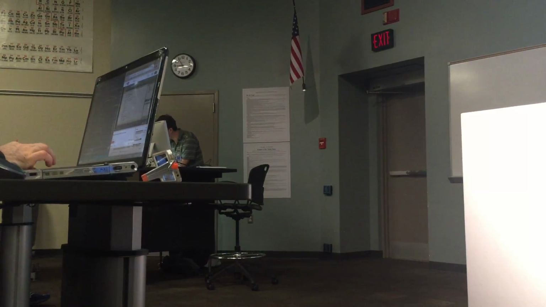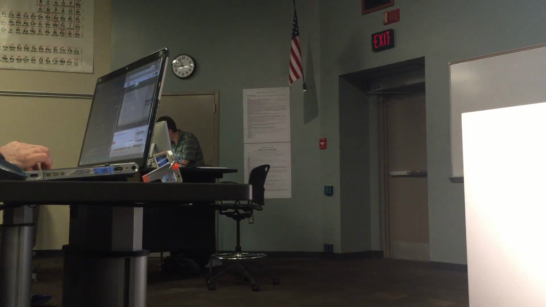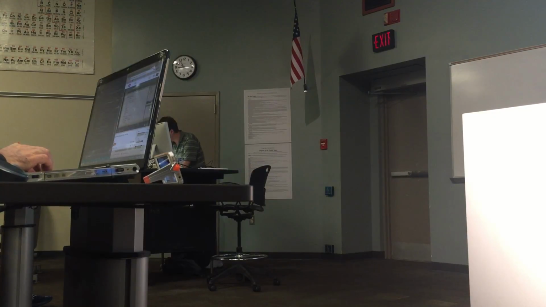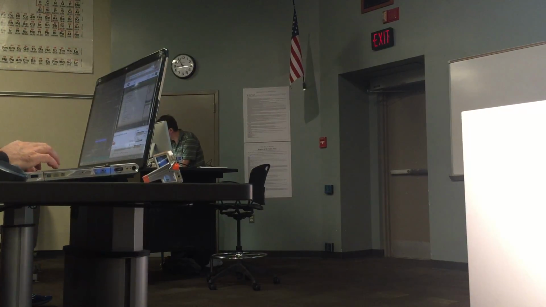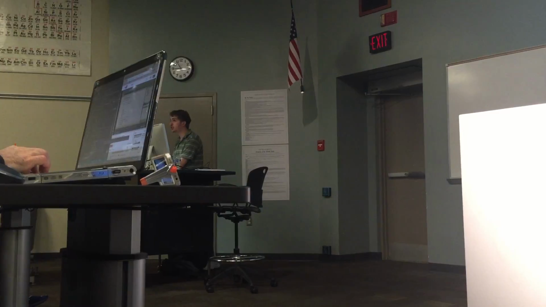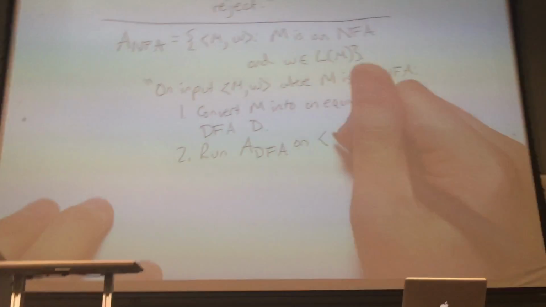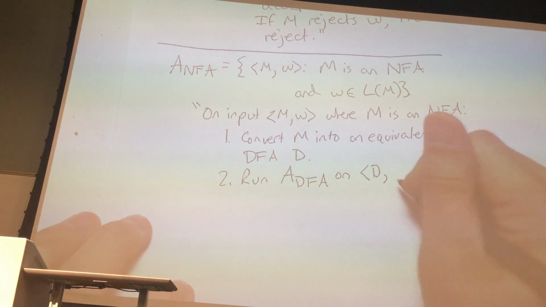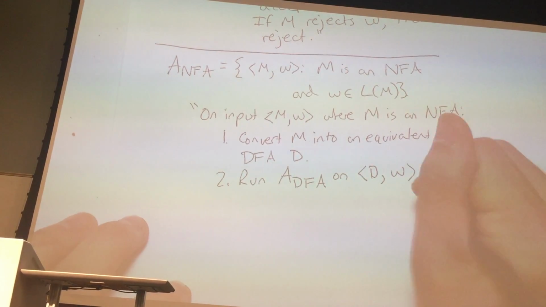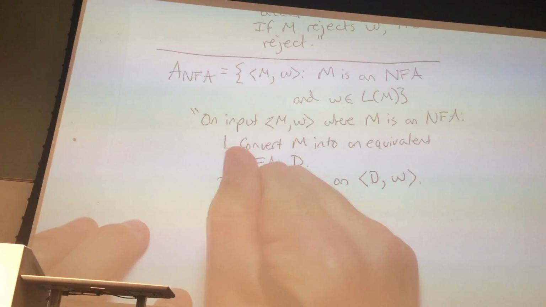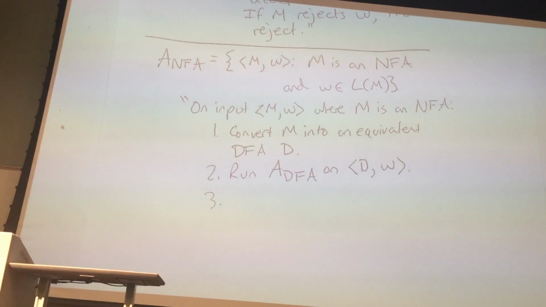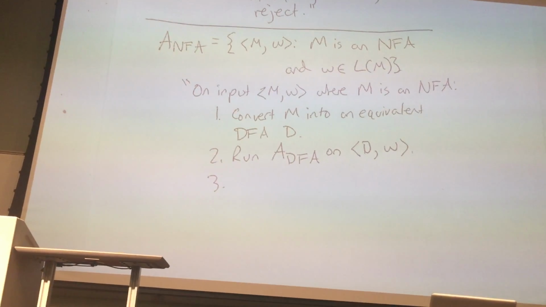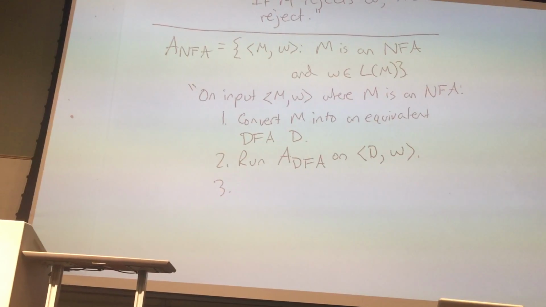So run A DFA on, and now I gotta give it a machine and its corresponding input. So I'm gonna have to give it the DFA that I just made and the input that I actually had before. So I know that A DFA is a decider from before, so that's all good.